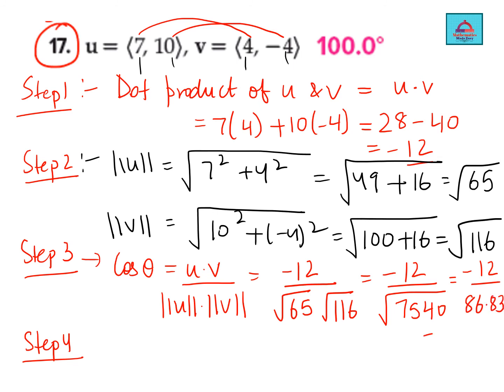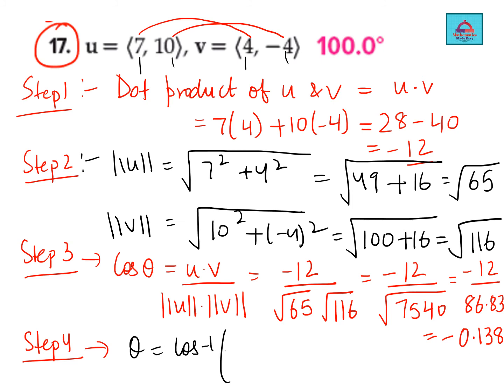Now we are going to divide. So when we divide, this comes out to be 12 divided by 86.83. So this is around negative 0.138.